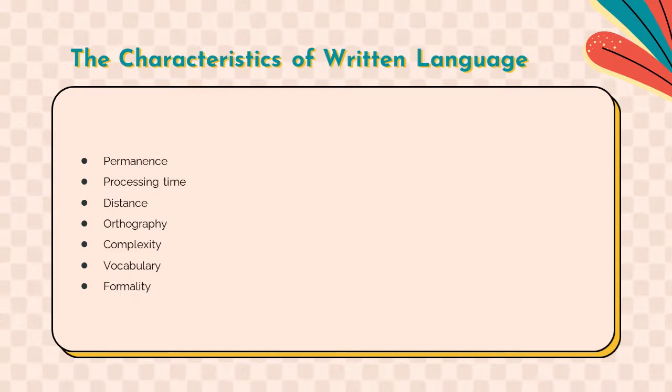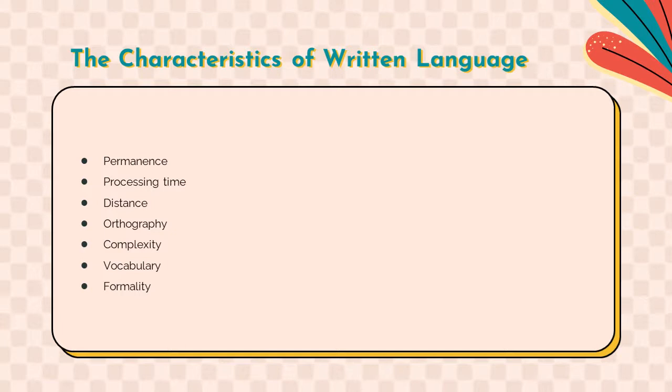The third point is the characteristics of written language. The first is permanence. Written language is permanent, so the reader has an opportunity to read again and again. The second is processing time. Most reading contexts allow readers to read at their own rate.